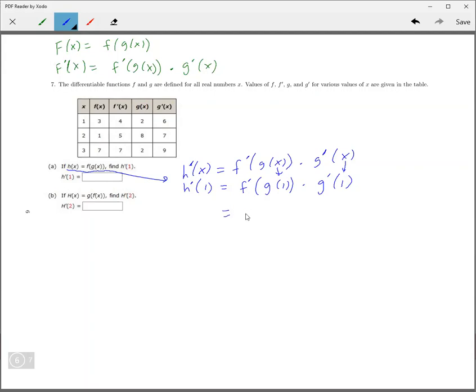Okay. Now, you look at the table. g of 1. Here's g. g of 1 is 2. And then g prime of 1 is 6.